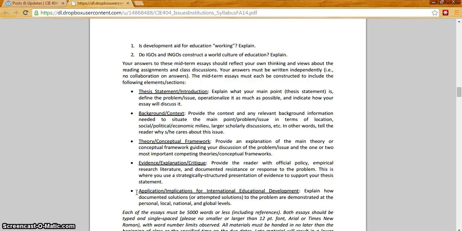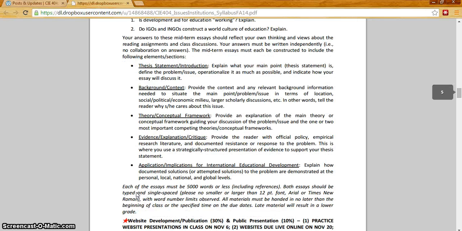Take a look at the descriptions for each of these sections, and be aware that you have to include each of them in the answers to each of these questions. All right? I'd like you to actually use section headings so that I know when you're going from one section to the next.